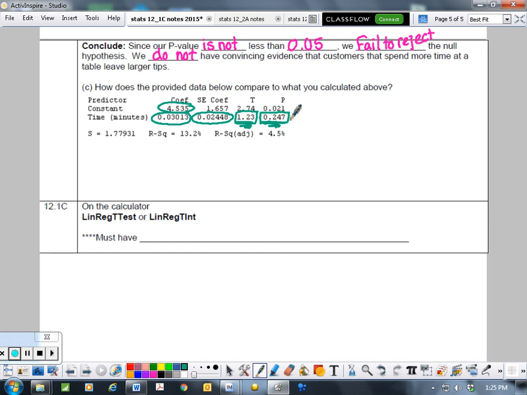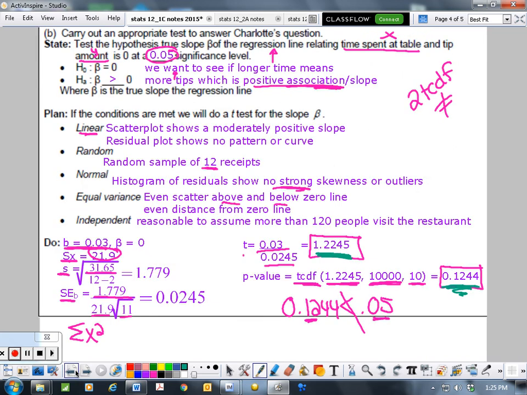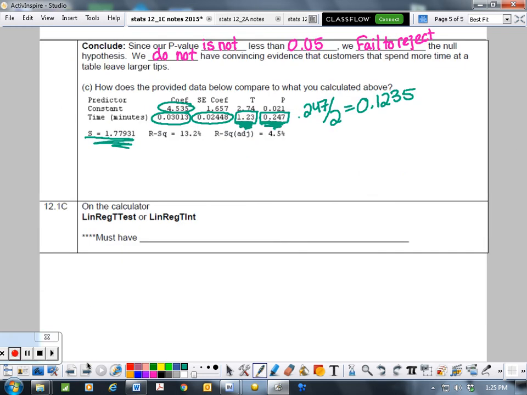In our case, we take this probability and divide by 2, which gets us about 0.12 something, I think 35, with rounding. We can even check our S value, 1.779, 1.779, we're good to go. Everything matches up.